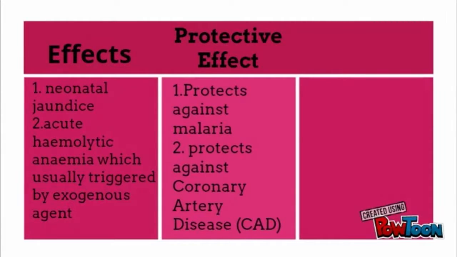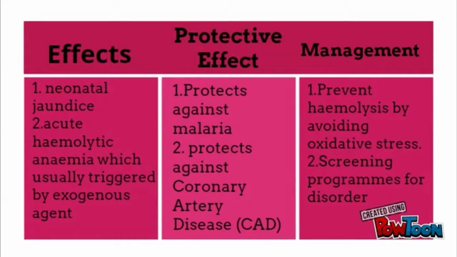It helps us to fight against malaria and also coronary artery diseases, which has been attributed to the involvement of NADPH in lipid biosynthesis and activities of NADPH oxidase. In short, the most effective management of G6PD deficiency is to prevent hemolysis by avoiding oxidative stress. Screening programs for the disorder are undertaken depending on the prevalence of G6PD deficiency in a particular community.